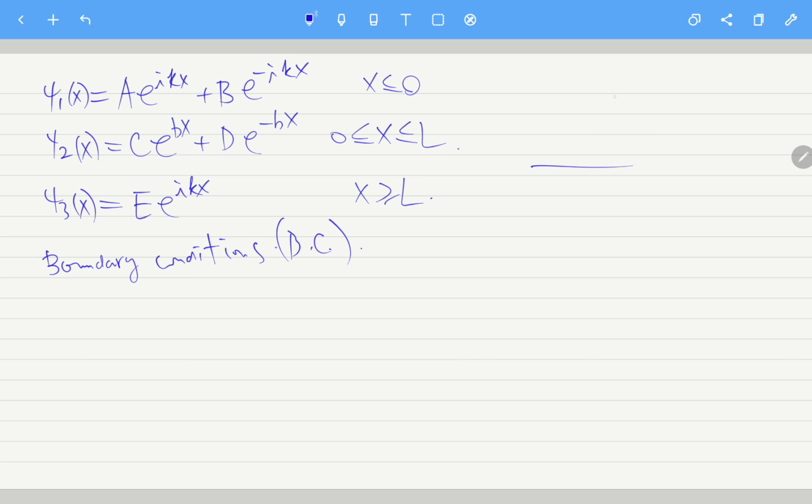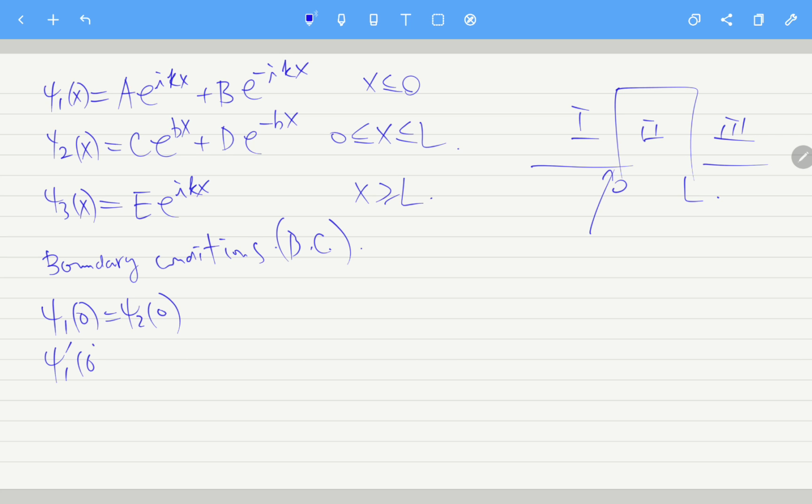For the boundary here, this is region 1, region 2, region 3, this is 0, this is L. We should have phi 1 of 0 equals phi 2 of 0. This is the first boundary condition here. And then we also have phi 1 prime of 0 equals phi 2 prime of 0.